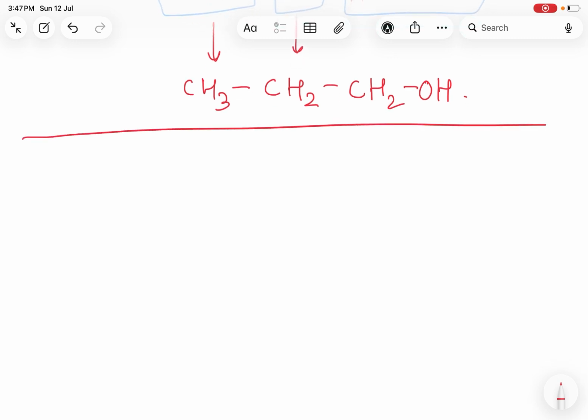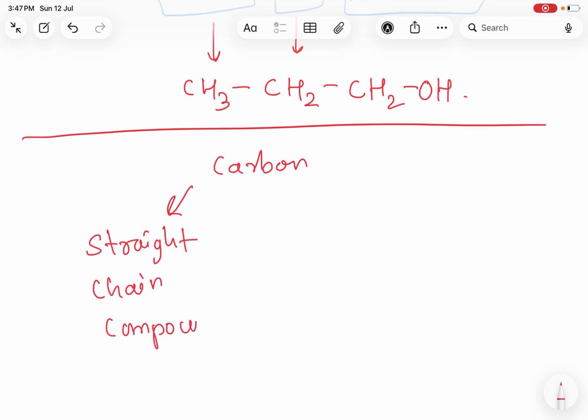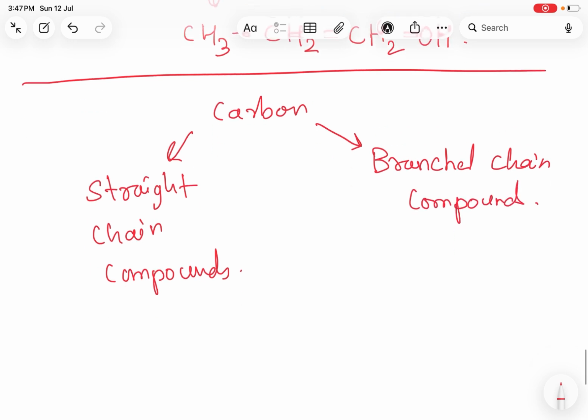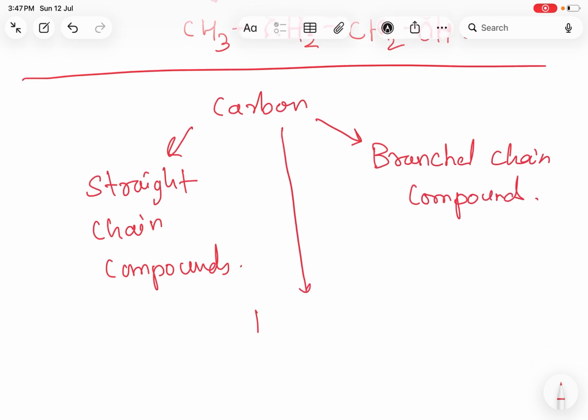So one is that carbon can form straight chain compounds, or branched compounds, or it can also form ring structures.